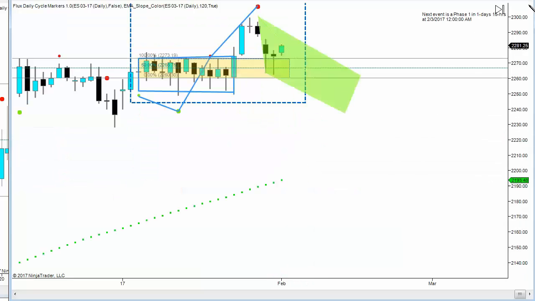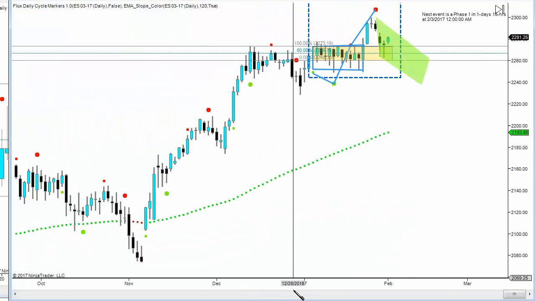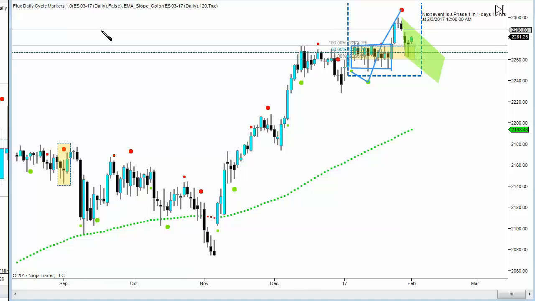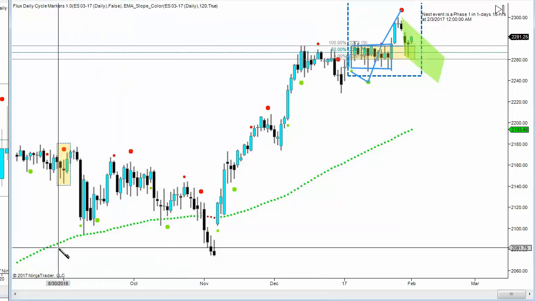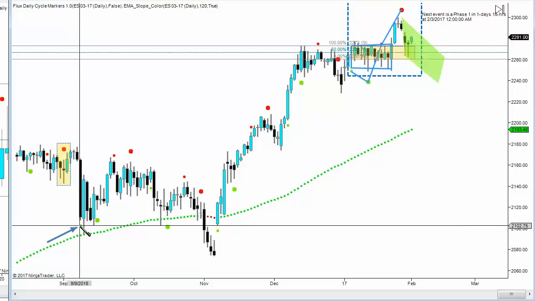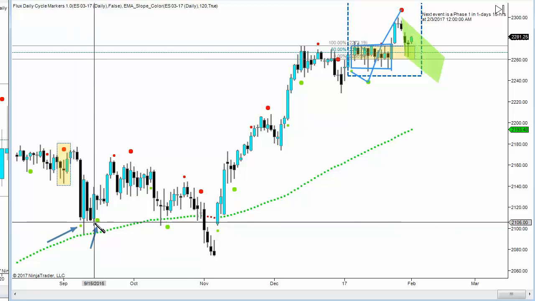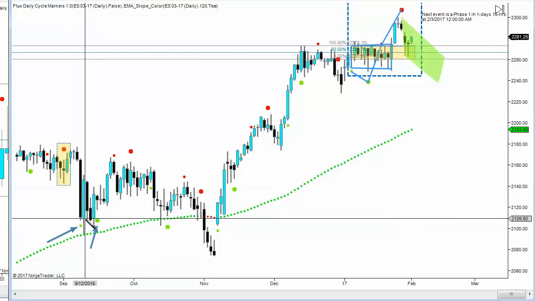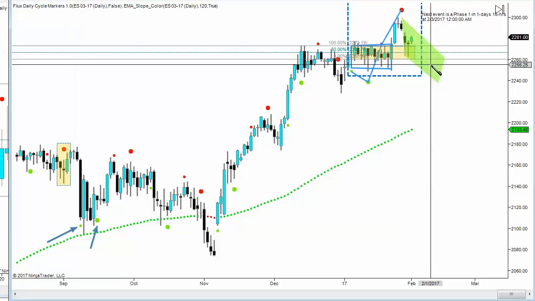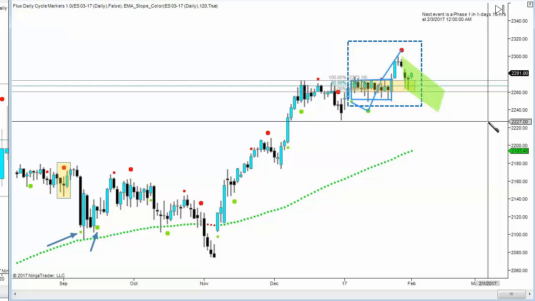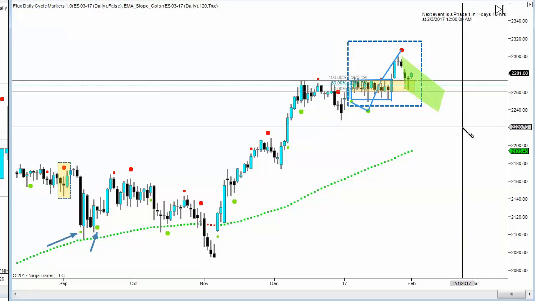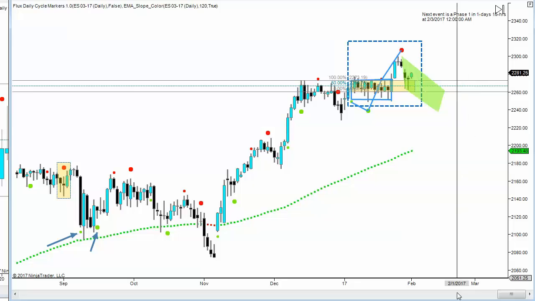And so looking at our check mark pattern and then cross-referencing our other constellation that we were looking at before, coming into the phase 1 historically has a very bullish tendency. And then coming into the phase 2, equally so, but perhaps not as big at first as the phase 1. So that's our Emini S&P daily bar analysis using the Flux daily cycle marker predictive NinjaTrader indicator. We'll circle back here next week and see how all of that played out.